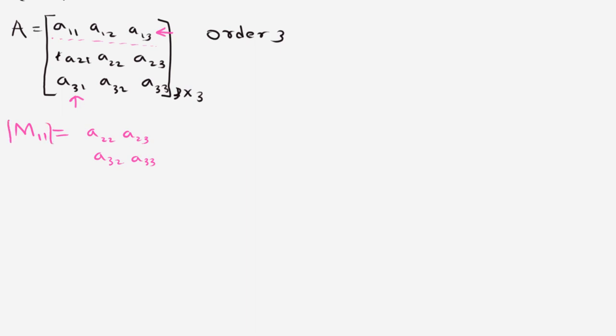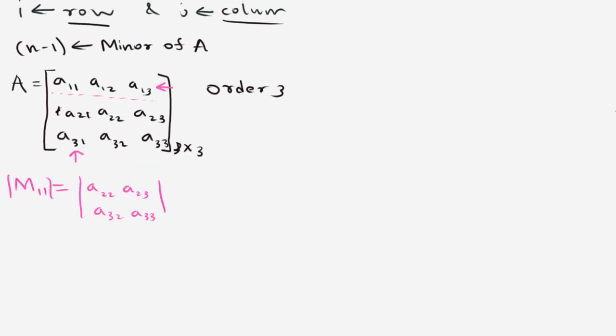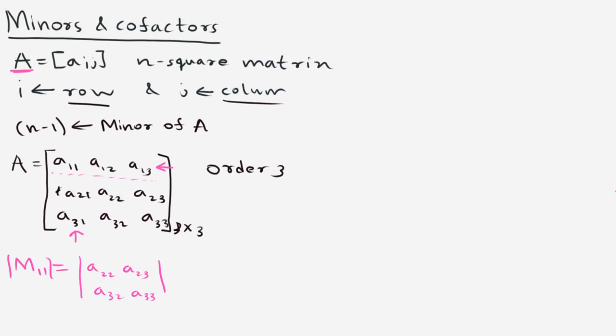I forgot to say this in the first part: we delete a specific row and a specific column, then the resulting matrix gives the minor, which is the determinant of this new matrix.